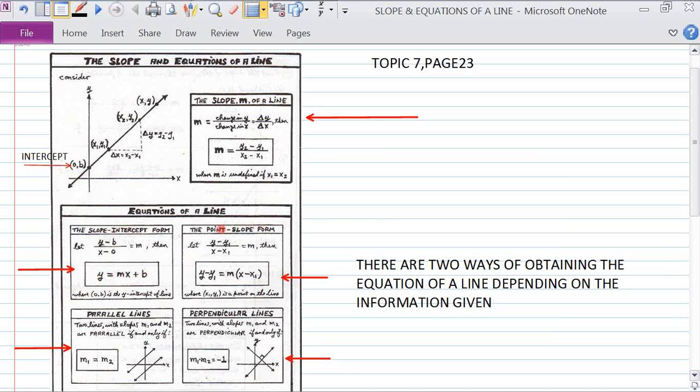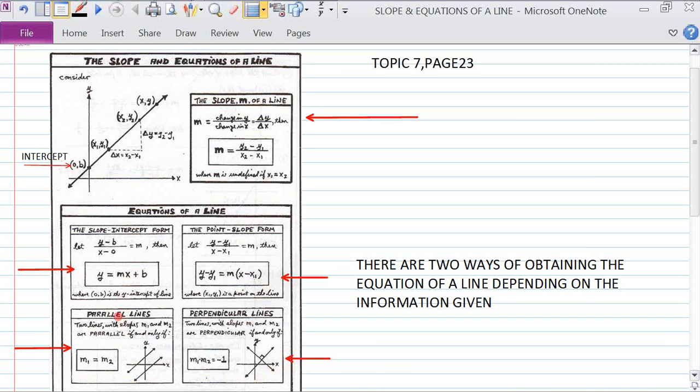If we have a point and a slope, we can still get the equation of a straight line using this form right over here. We showed the derivation of this. And either one of these equations can be used depending on what information is given.